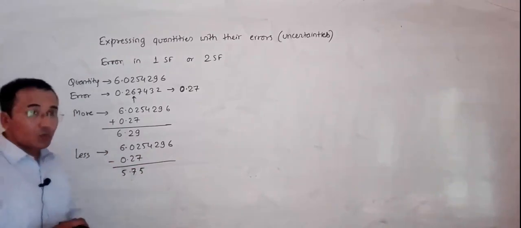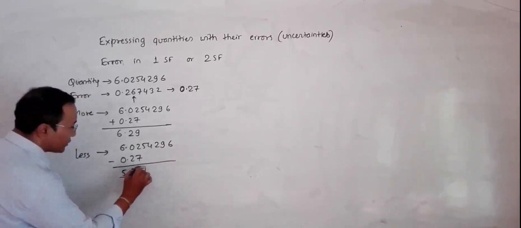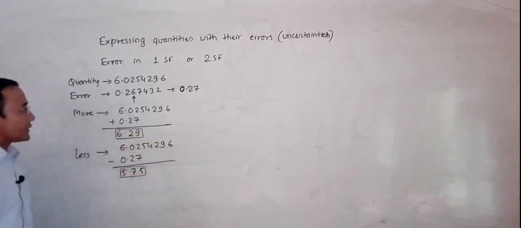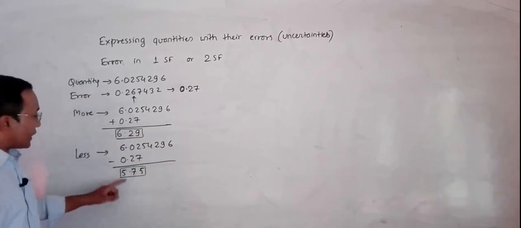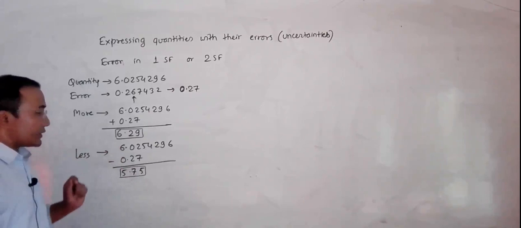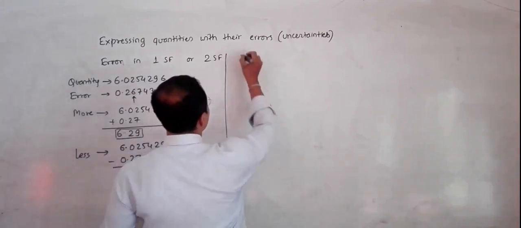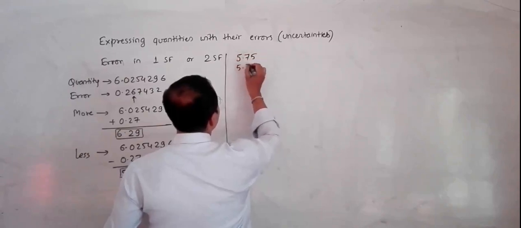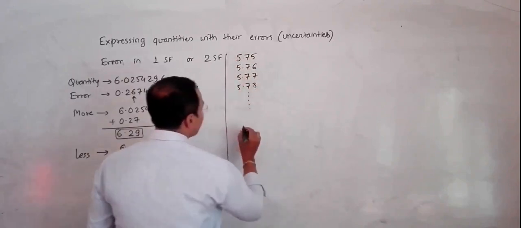That means the quantity that we have can have any value in between 5.75 and 6.29. So let us write the values. It can be 5.75, 5.76, 5.77, 5.78, and so on.